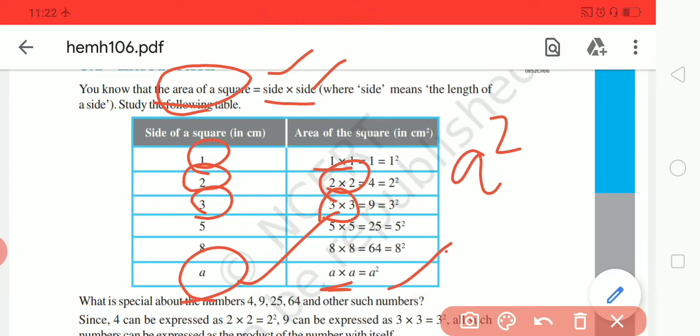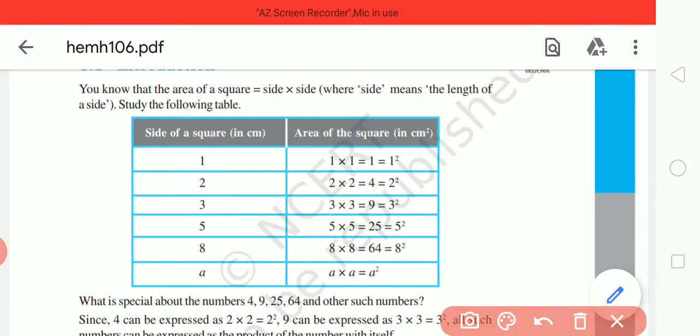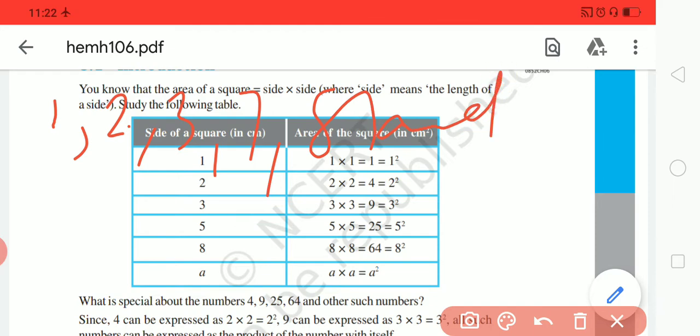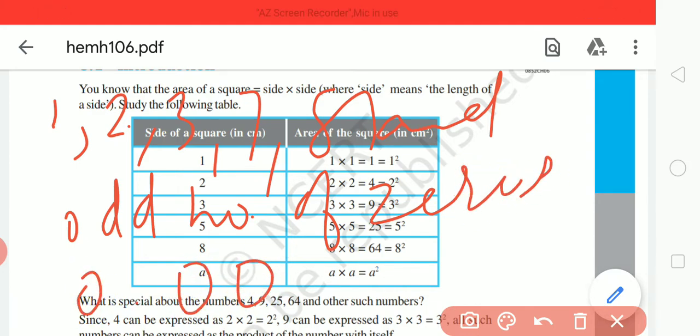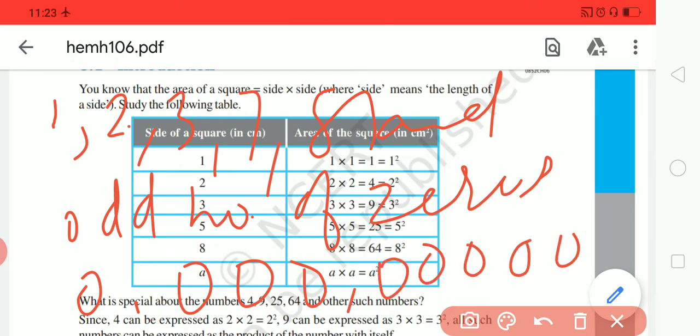And the numbers that end with unit digit 2, 3, 7, 8, and an odd number of zeros, like 0, 000, and with 5 zeros, and so on, and with 7 zeros, 9 zeros, are not perfect squares.